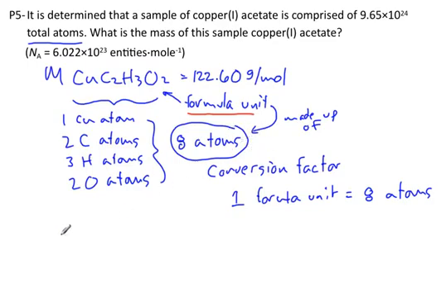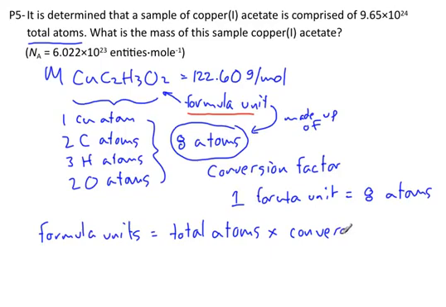So what we're looking for, formula units, equals what we're given, total atoms, times our conversion factor. And so how many atoms do we have? 9.65 times 10 to the 24th atoms.